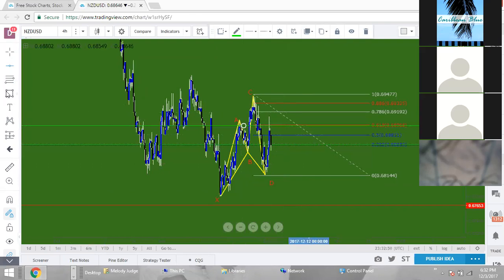So risk reward. Stops right here. Oh. This would have been the stops. Oops.